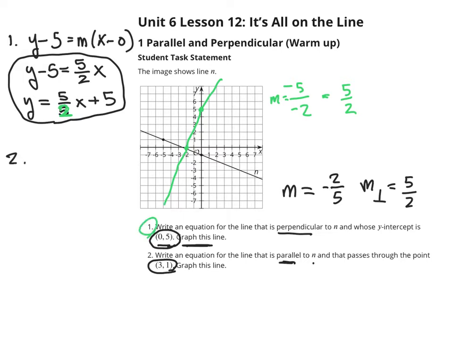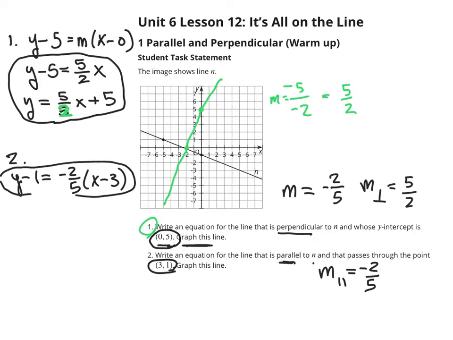Now let's do an equation parallel. That means it has the same slope. Let's do y minus 1 equals negative 2/5 x minus 3. And you can totally leave it like that. Point slope form, remember? And now let's graph it.